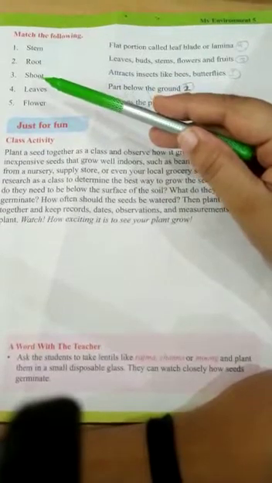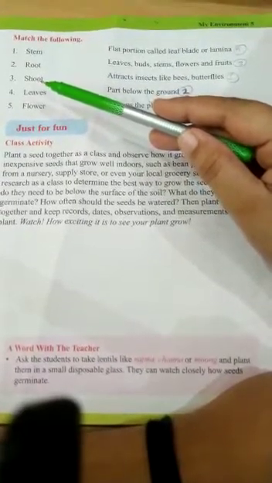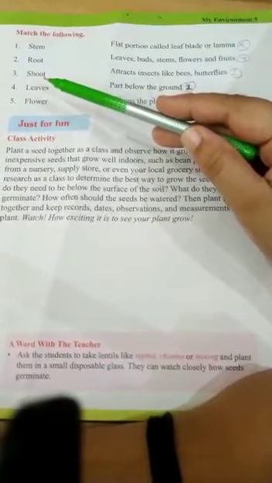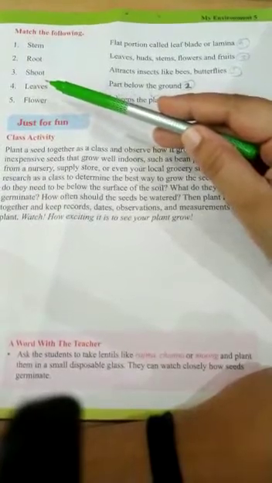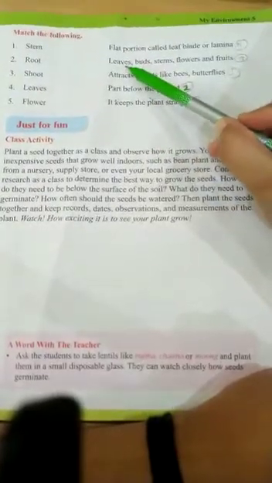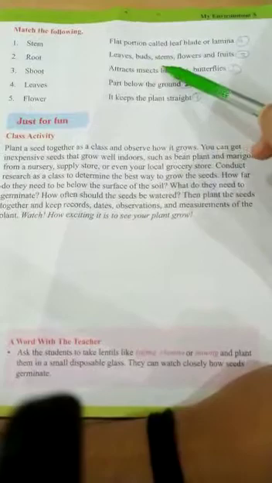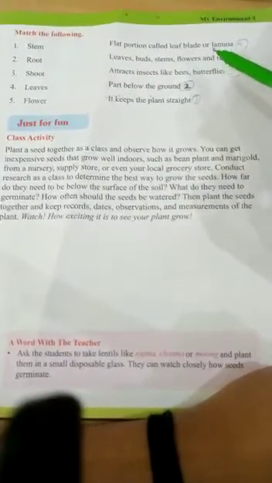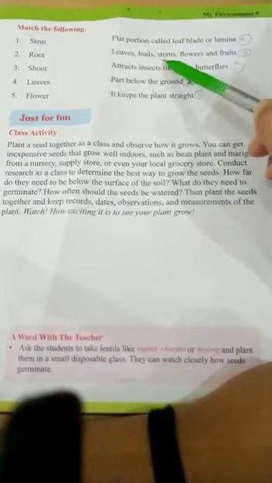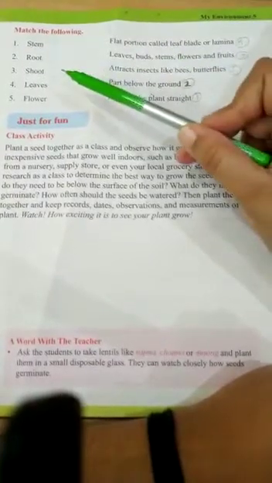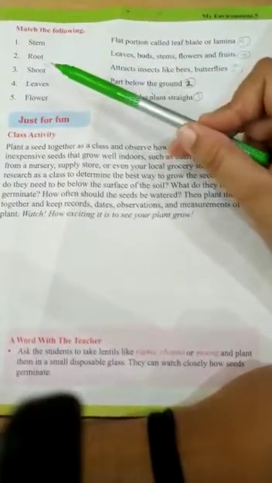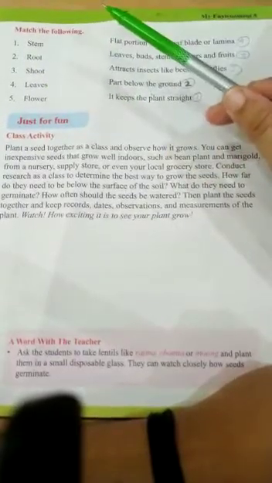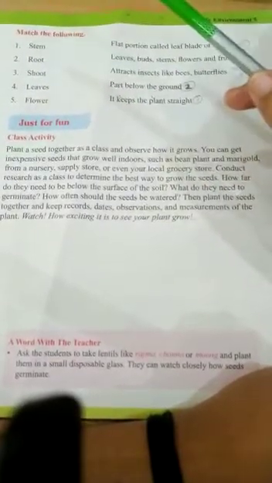Now the third word is shoot. Shoot will go with the statement leaves, buds, stems, flowers and fruits. You know why? Because shoot is the part which grows above the ground, that is in the upward direction.